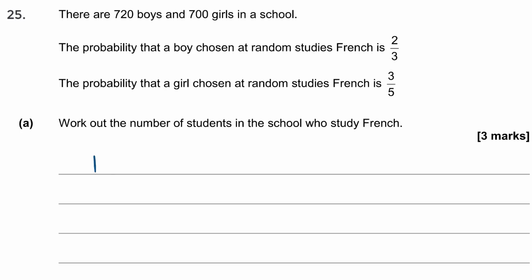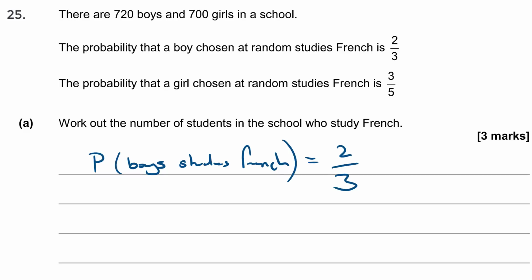Okay, well then we know that the probability of boys studying French is equal to 2/3, and that must have been obtained by dividing successful outcomes by total outcomes.